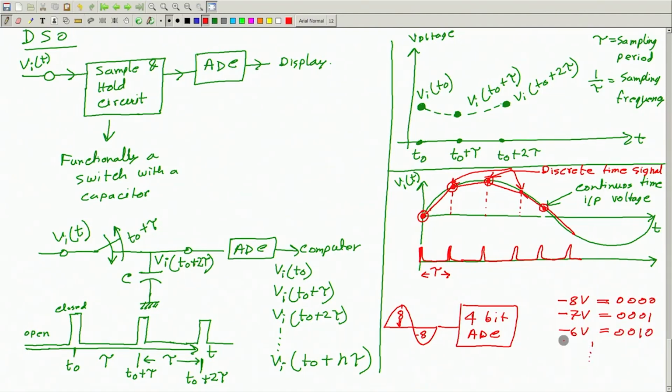Similarly, if you add 15 to this, I think 7 volt will get mapped to this level, 1 1 1 1. So you cannot get a smooth output from the ADC. So what will happen is this.